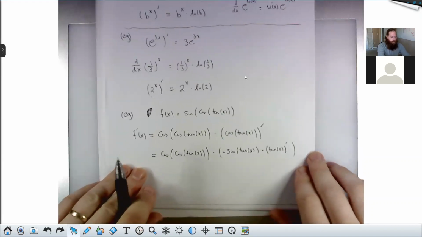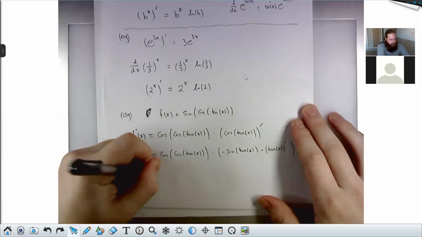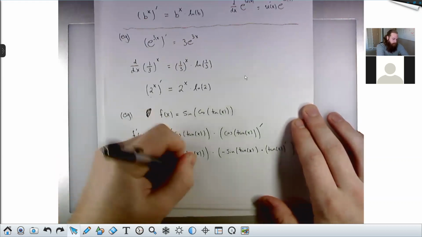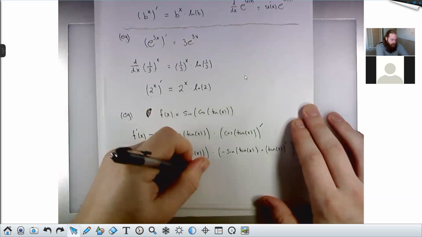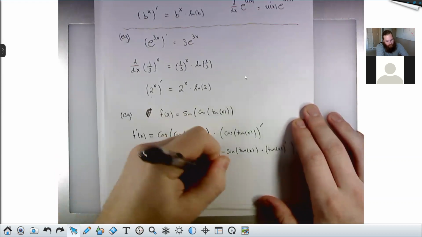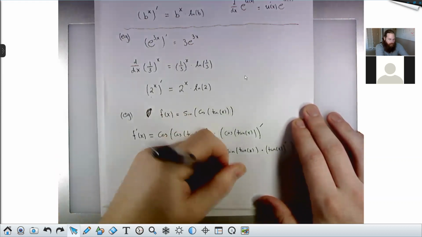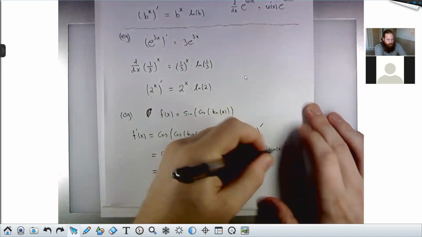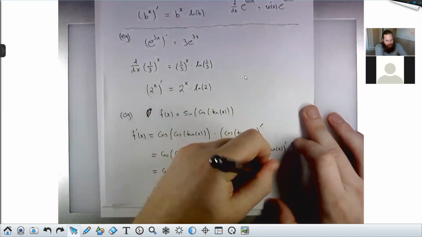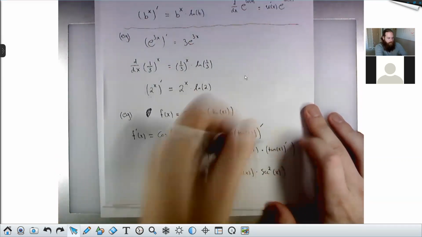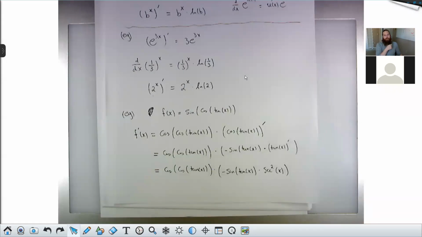So all together here, I'll have the cosine of the tangent of x, that piece still coming along for the ride, times negative sine of tangent of x times the derivative of tangent, which is secant squared x. Gnarly, right?